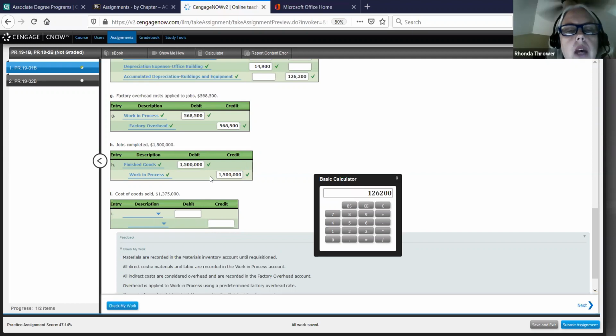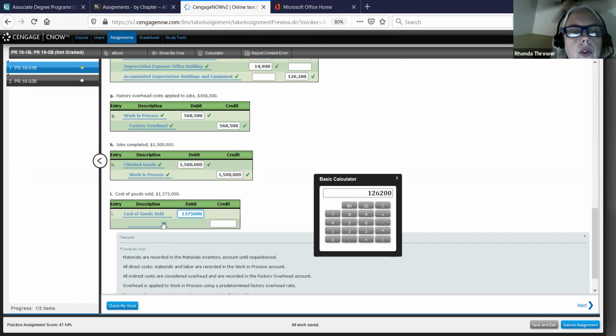And then once we've got it in the finished goods account, as it is here, then we're going to turn around and try to sell some of our inventory. In this case, we only sold this amount of our inventory. But once we sell the inventory, it's going to go into cost of goods sold as the expense account that we have to debit for 1,375,000.